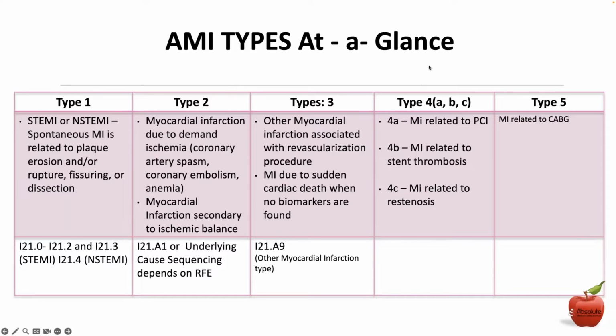Type 4B is a myocardial infarction related to stent thrombosis. We'll address that in part 3. And 4C is a myocardial infarction related to restenosis. And 5 is related to CABG. Again, these are procedures, and we'll talk about them in part 3.